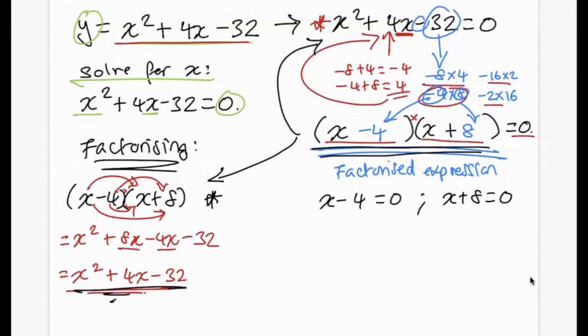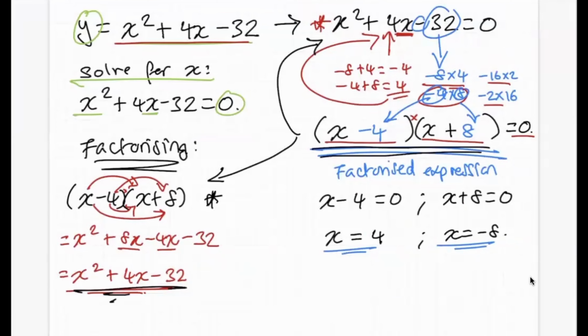So either of these parts of the expression could equal 0. So now we're going to solve for x in both cases by rearranging. So we're going to get x equals 4 and x equals minus 8. And here we have our two solutions.